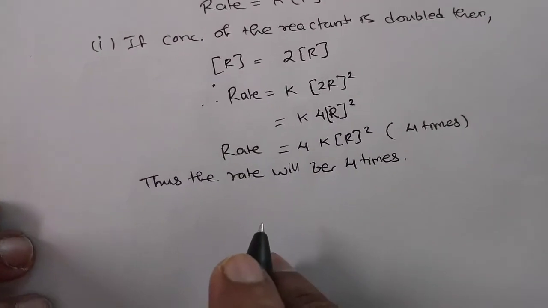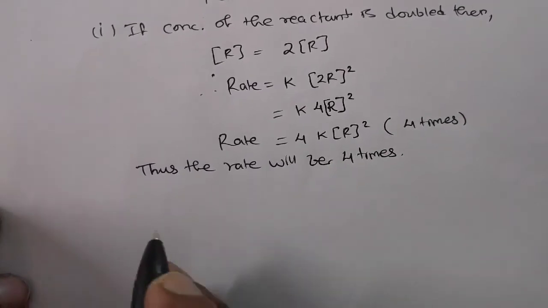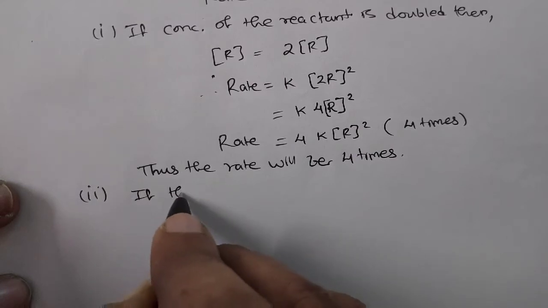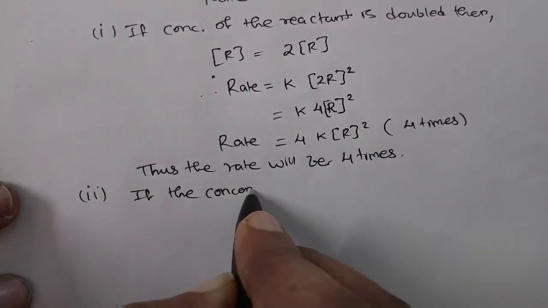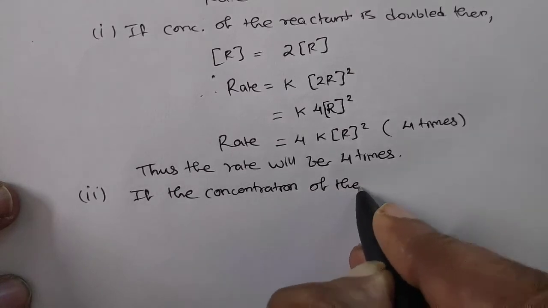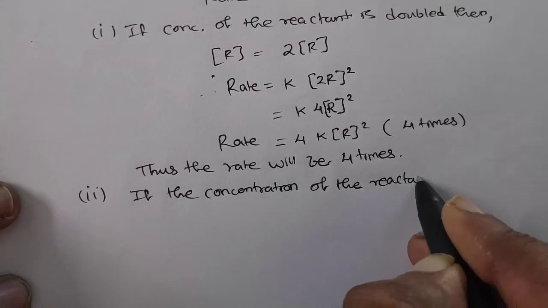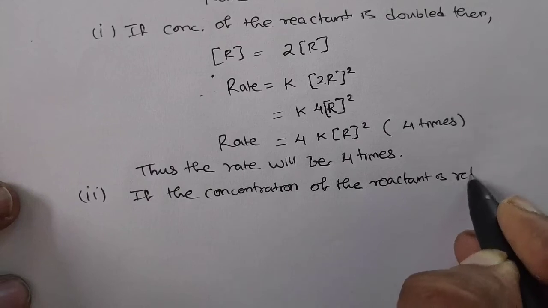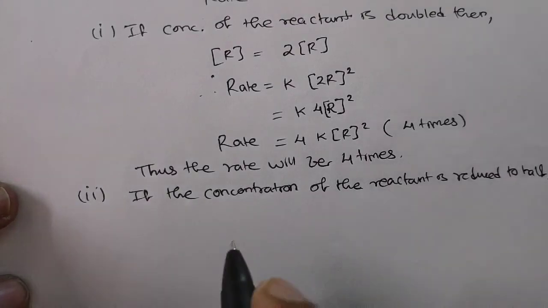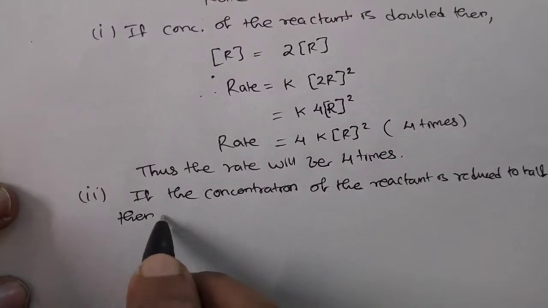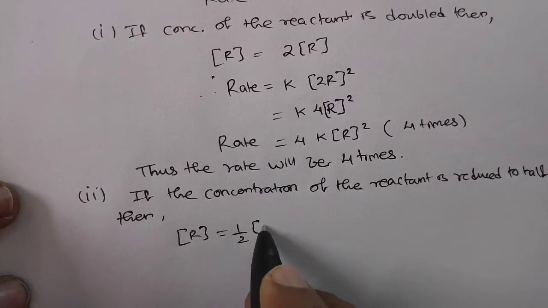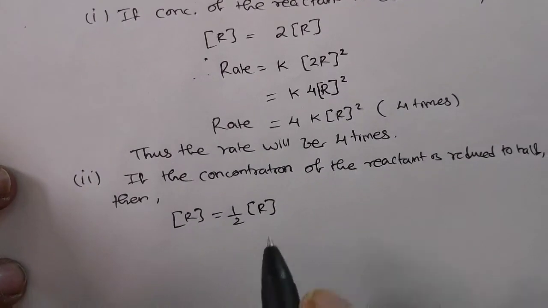Now the second question that is asked: if the concentration of the reactant is reduced to half, then R will be equal to 1/2 of the reactant concentration.